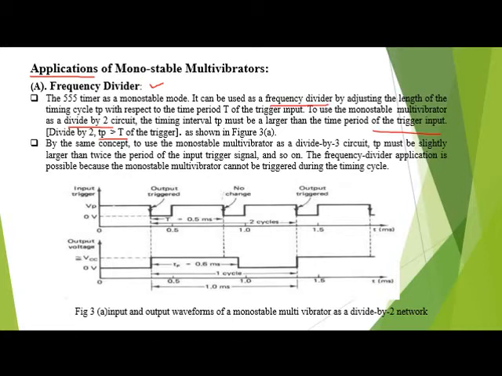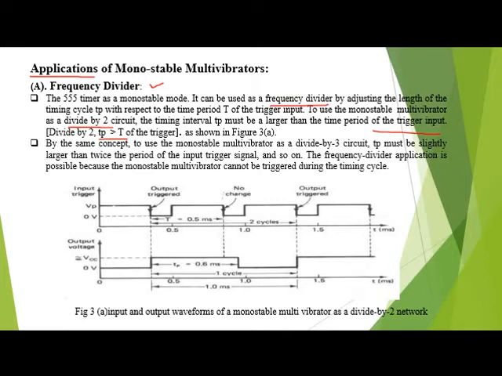You can see this in the figure also. Here I will show the input and output waveform of the monostable multivibrator acting as a divide by 2 network. Here the total time period of the trigger input is equal to 0.5 millisecond, and the pulse width TP is 0.6.